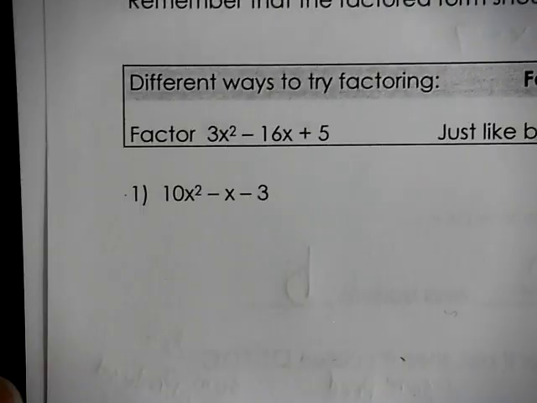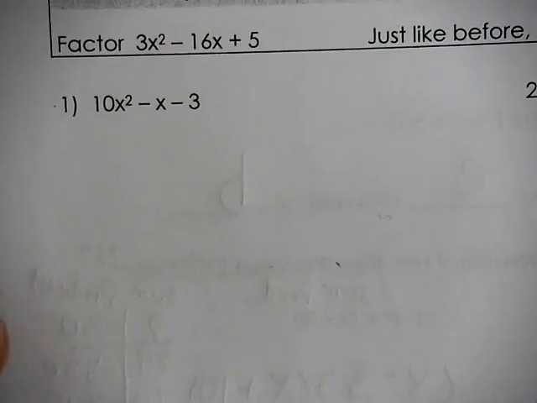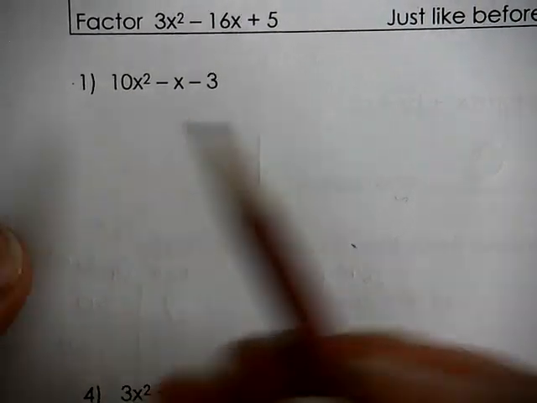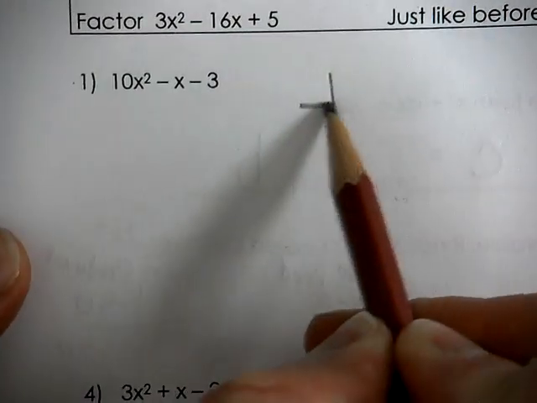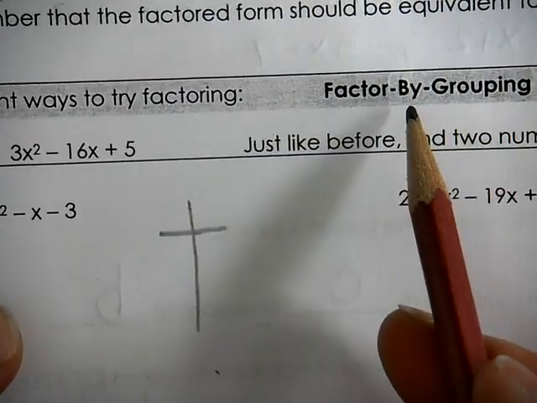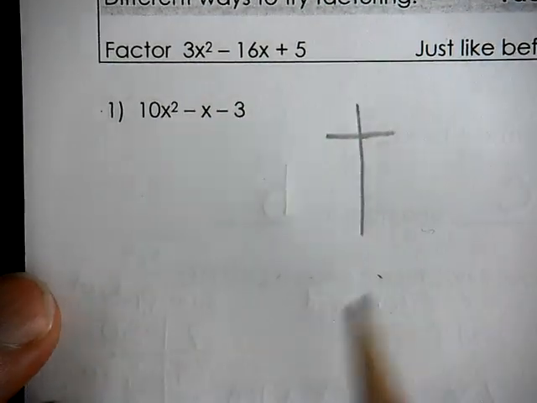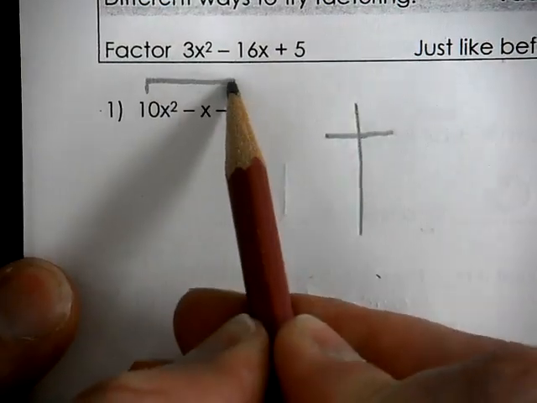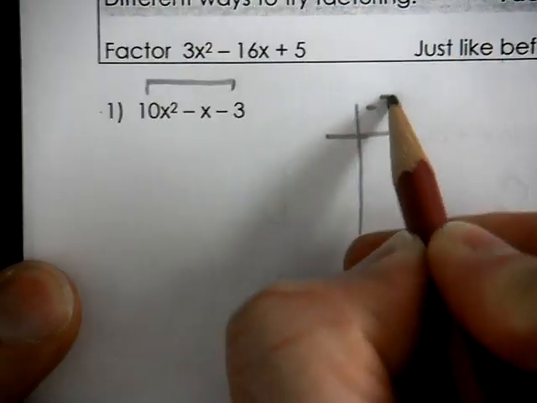So let's try this. We're going to look at this factoring question that has an a value greater than 1. So when we make our table, we've talked about this before, I'm going to use factor by grouping as our method here. For the majority of these, we're going to do factor by grouping today. 10 times negative 3 is negative 30.